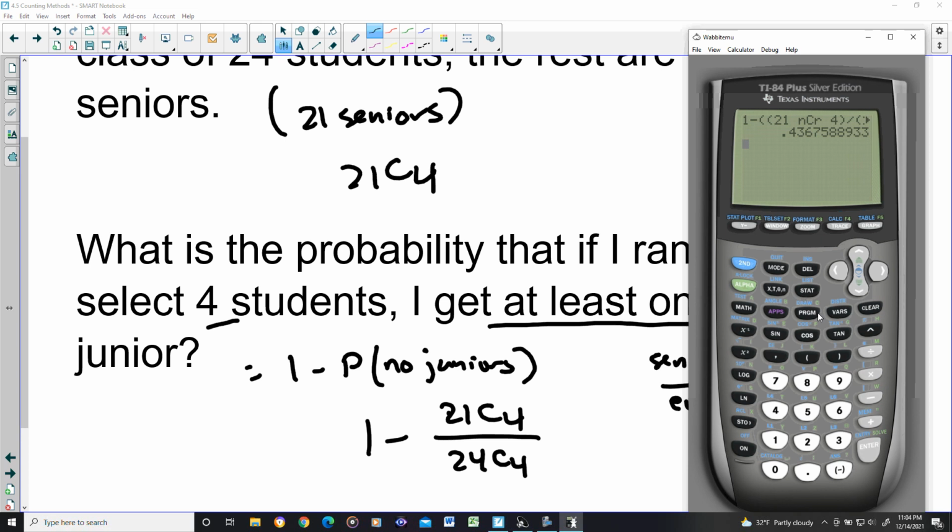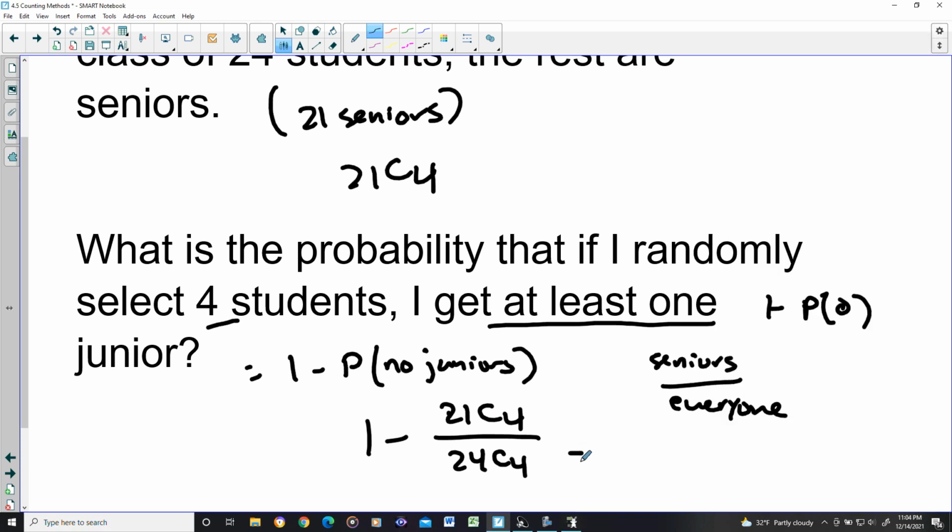And so you get 43.67%. Okay. So the probability of no juniors is this, so 1 minus that gives us a 43.68% chance of getting at least one junior.